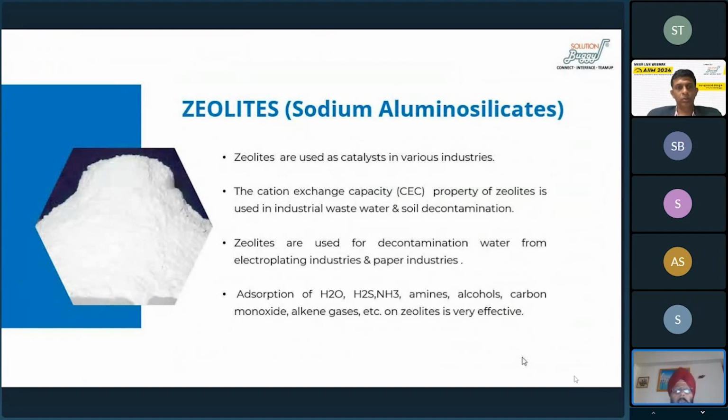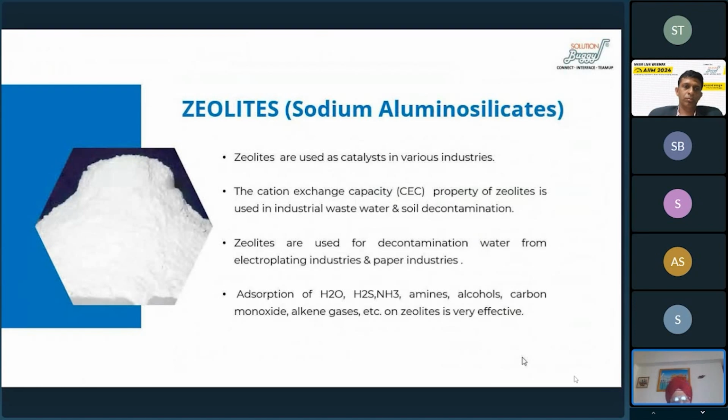They can be removed using the zeolites and converted into sodium form, which is not effluent. Similarly, adsorption: it has a lot of properties for removing water, hydrogen sulfide from the air, or amines, alcohols, carbon monoxide, alkene gases on the zeolites.